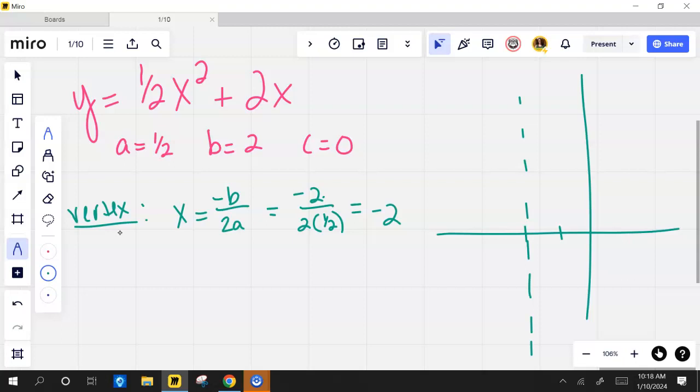No, this one's not going to do what I want. This one does not have the vertex of 0. I don't know what I was thinking. I need to do one that's missing a B. I'll do it in a minute. All right. Plug in for Y. I got 6.